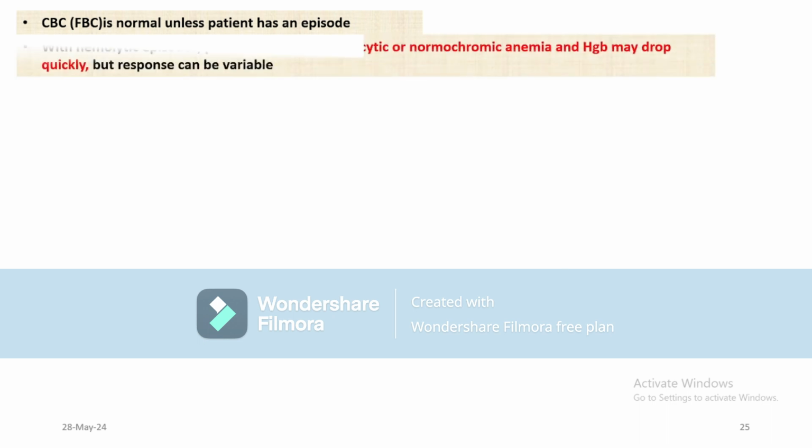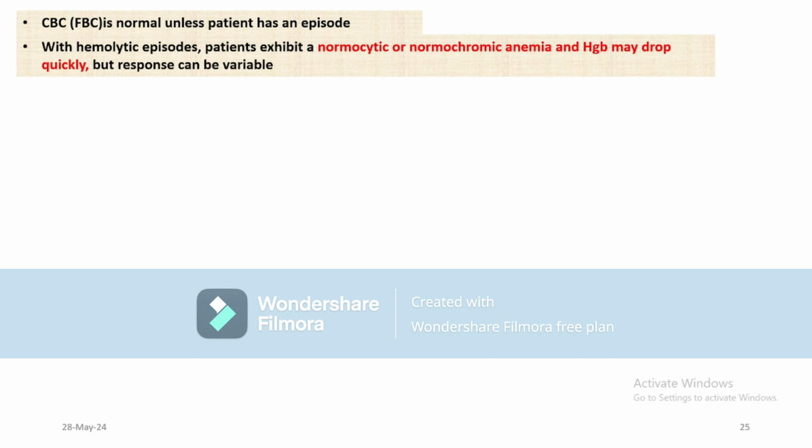But once there are hemolytic episodes, once there is hemolysis, once there's breakdown of the red cells, maybe you have been exposed to some drugs that are causing hemolysis, then there will be what we call normocytic normochromic anemia. And your hemoglobin level may drop quickly. Of course, response can be variable.